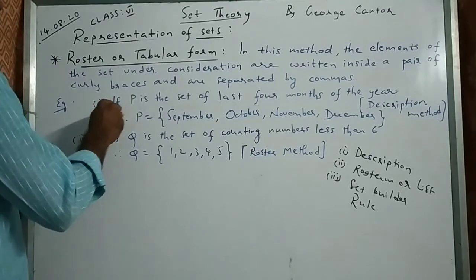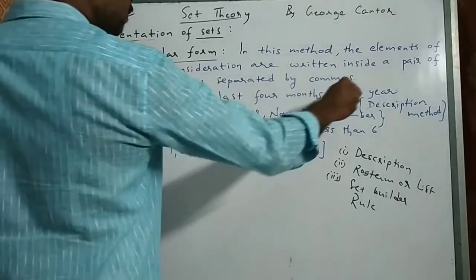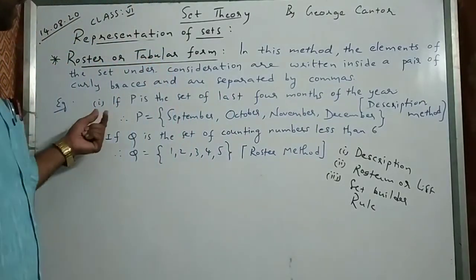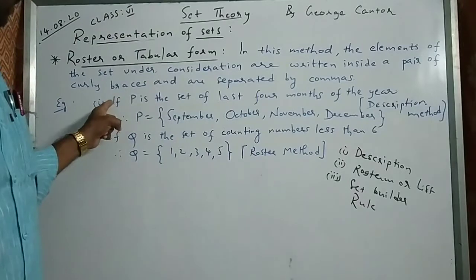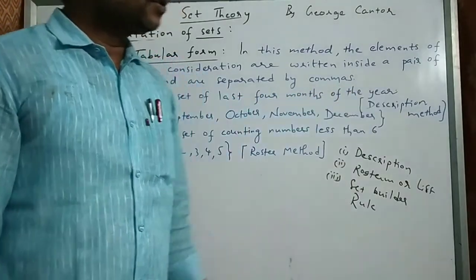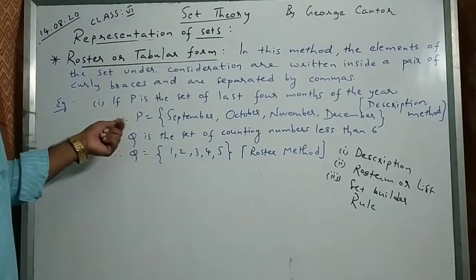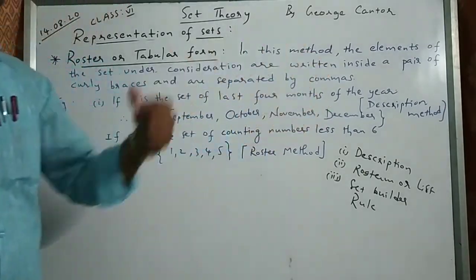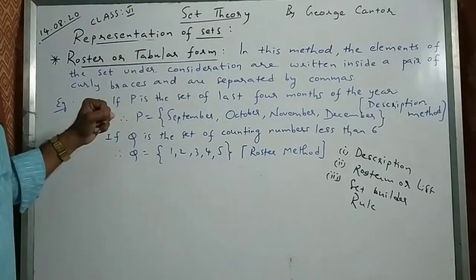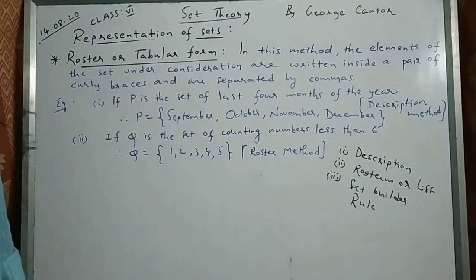One statement is given here. If P is the set of last 4 months of the year, that is called a description form. P is equal to, what are the last 4 months of the year? September, October, November, December.